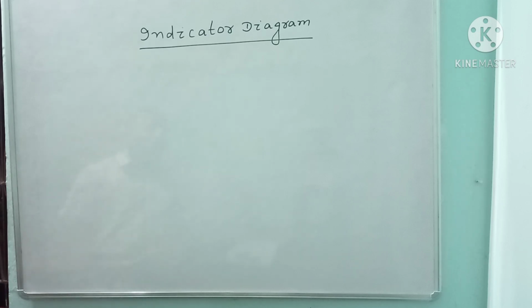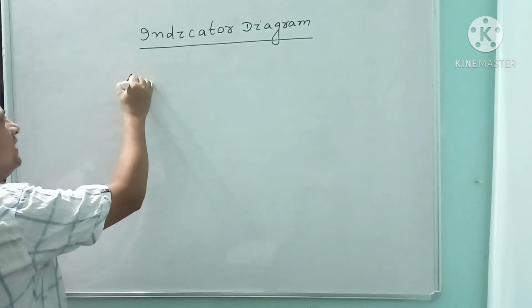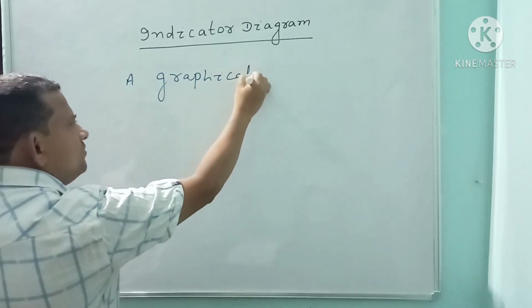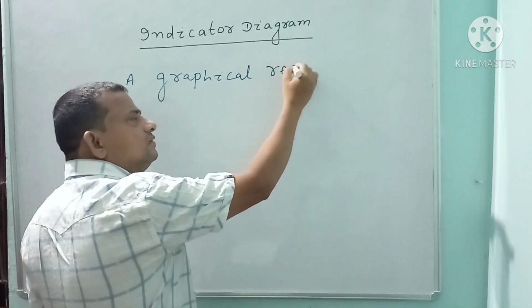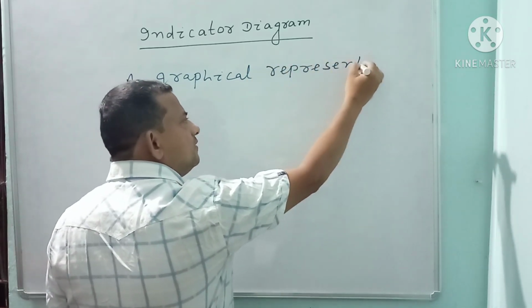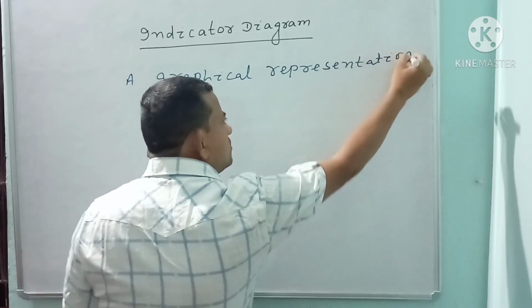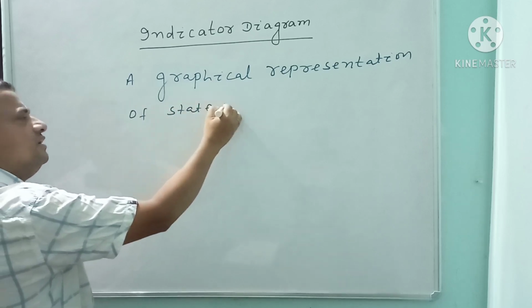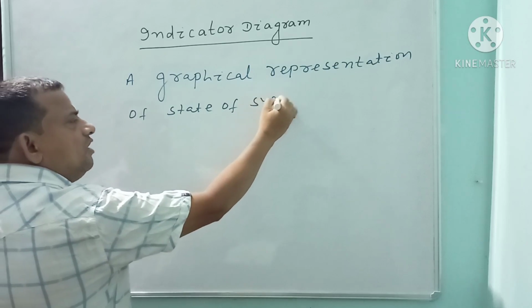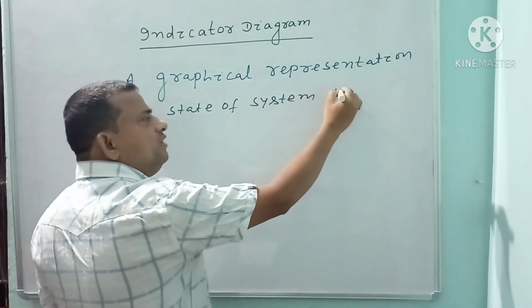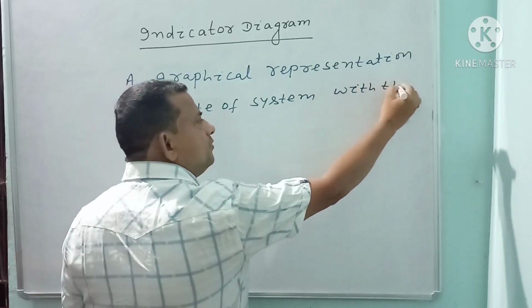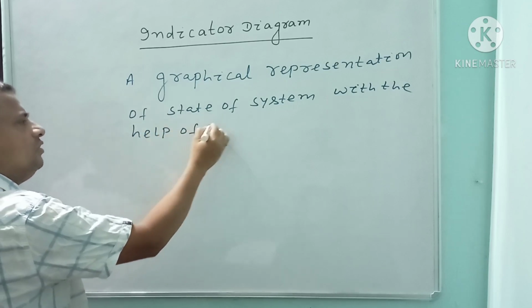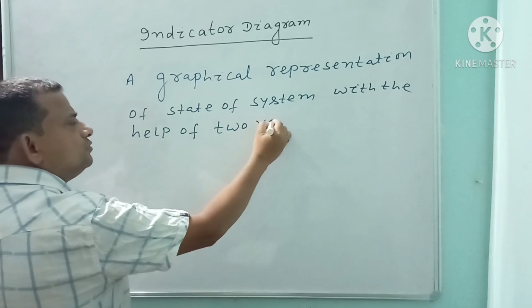This indicator diagram is nothing but we can write a graphical representation of state of thermodynamic system with the help of two variables.